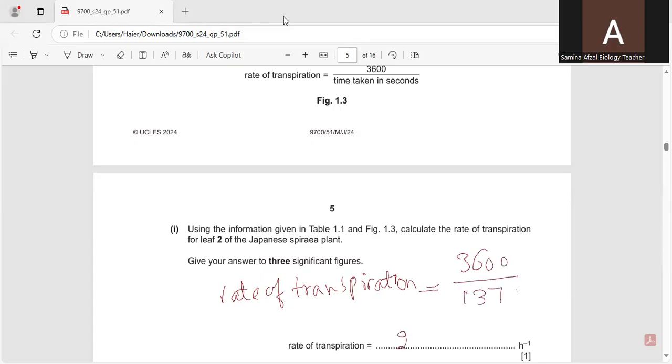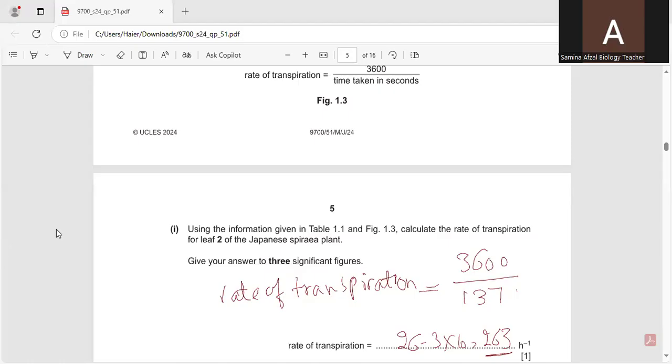So it is about 26.3. By multiplying it with 10, we can get 263. The unit will remain the same, but we are going to simplify it by multiplying it with 10. So it is a very simple calculation which we have done for this question.